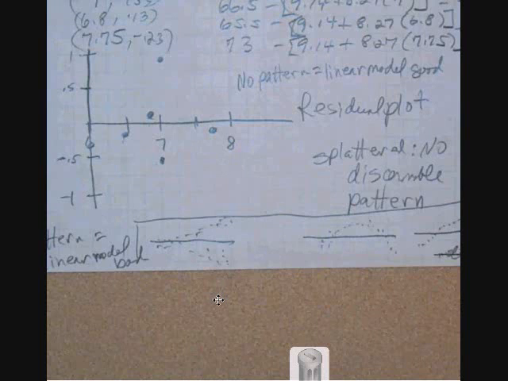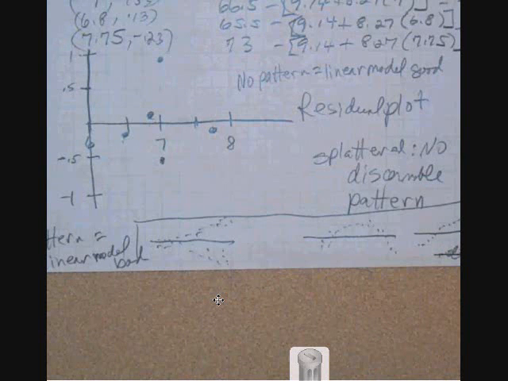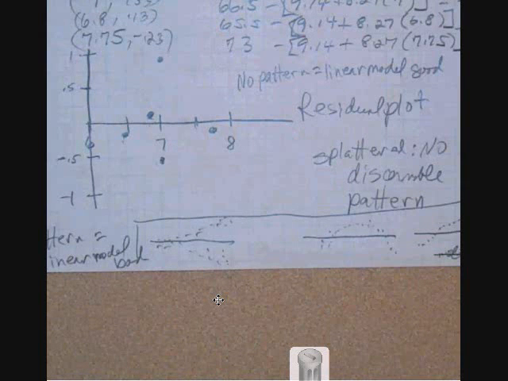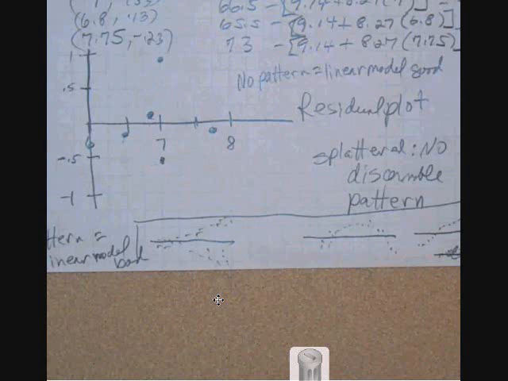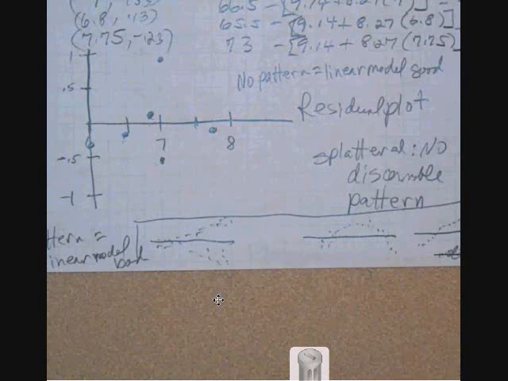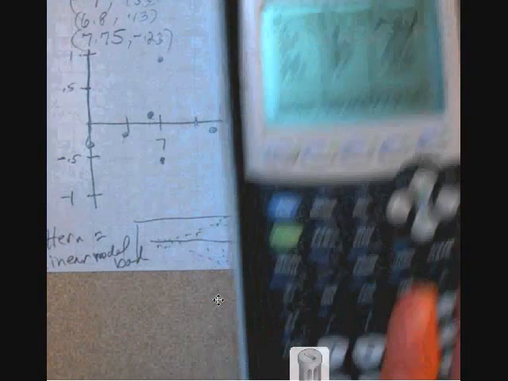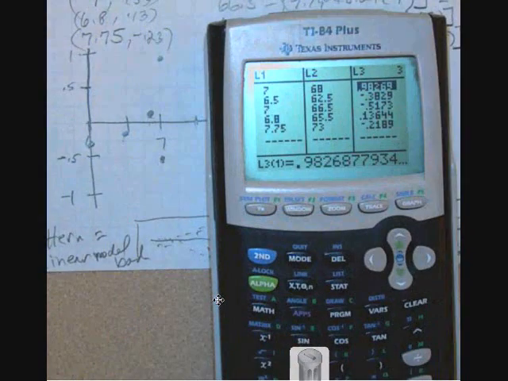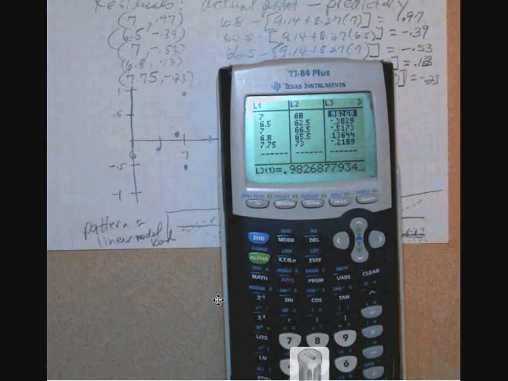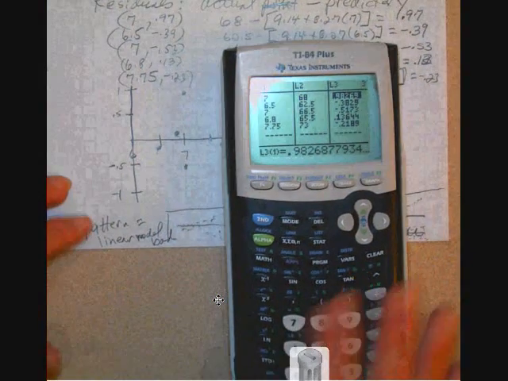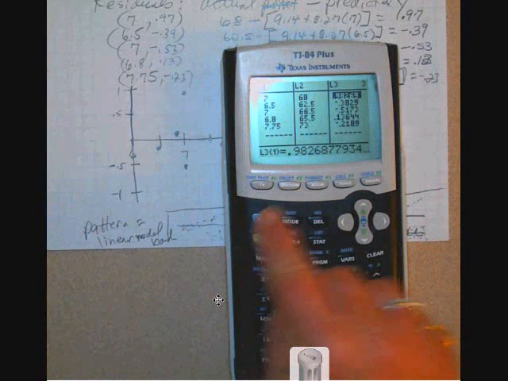How many of you ran the linear regression? Raise your hand if you ran the linear regression a few minutes ago. If you didn't, you can't do this. So when I said run the linear regression, please, in your calculator, make sure you have your data in list 1 and list 2, and run your linear regression.